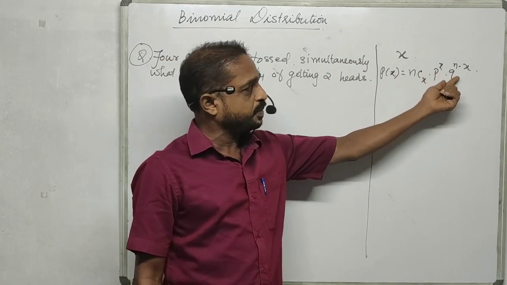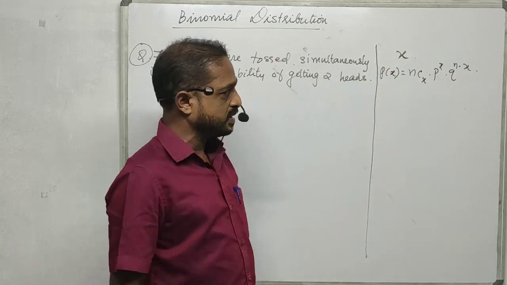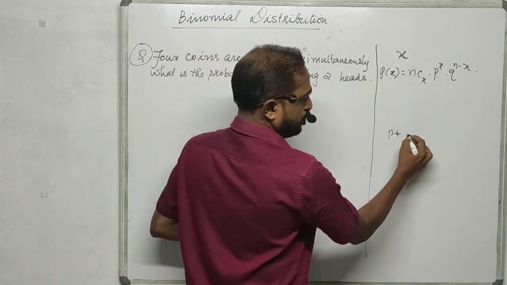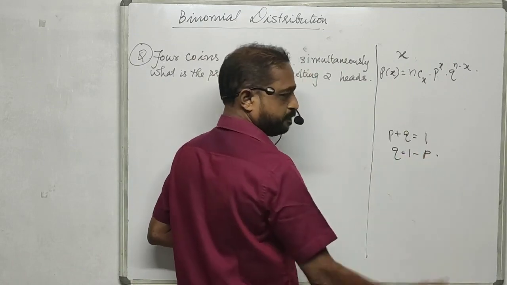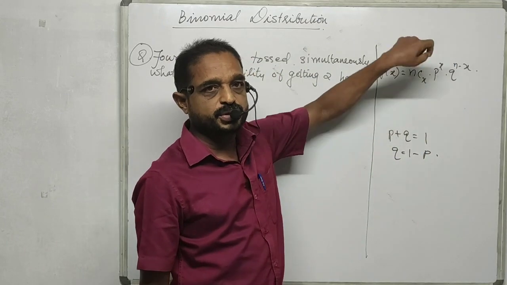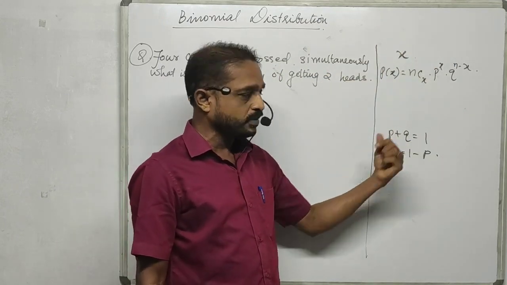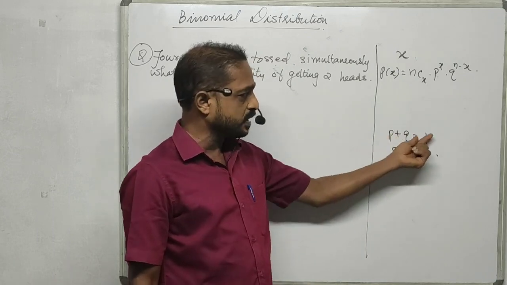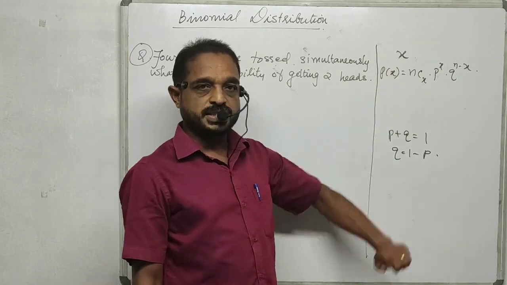P and Q are two mutually exclusive and exhaustive cases, so the sum of their probabilities will be 1. P plus Q is equal to 1, or Q is equal to 1 minus P. And what actually is P?